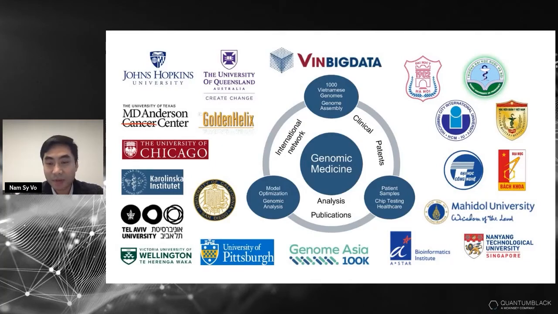Also the patient sample and chip testing healthcare from our collaborator with some hospital in Vietnam, and the model optimization and genomic analysis to improve and to promote the genomic medicine in Vietnam through some clinical testing, some patents that we are applying through our analysis and publication and international network.